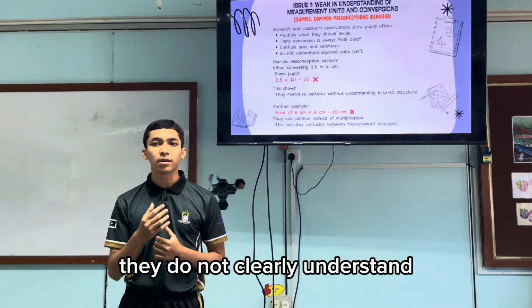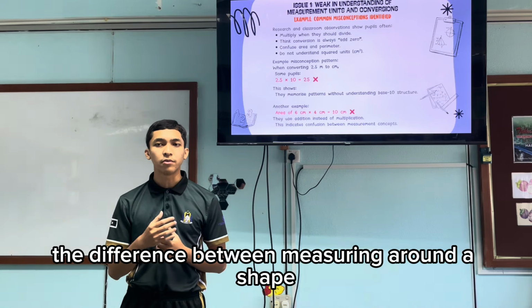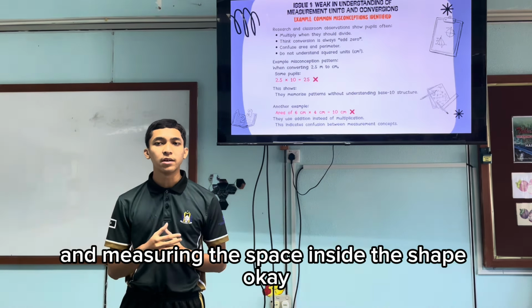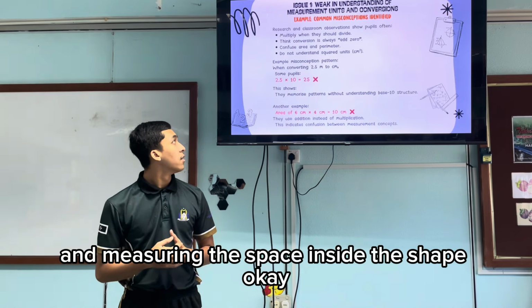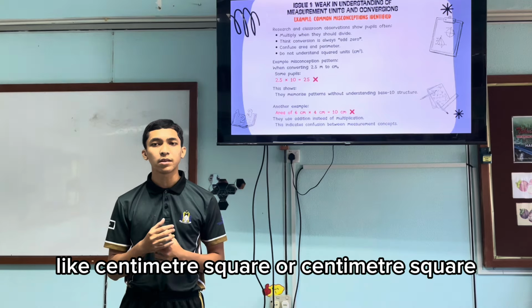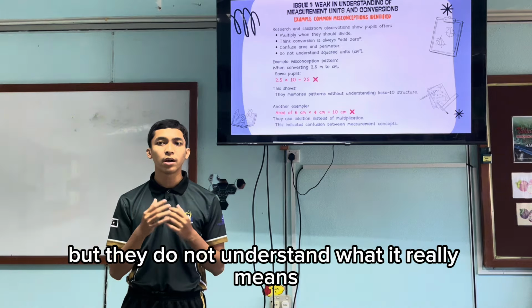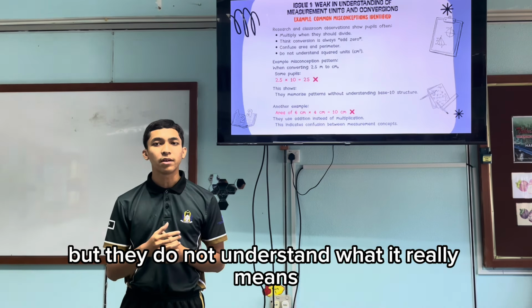So they do not clearly understand the difference between measuring around a shape and measuring the space inside the shape. Then some pupils also do not understand square unit like centimeter square. They see the symbol, but they do not understand what it really means.